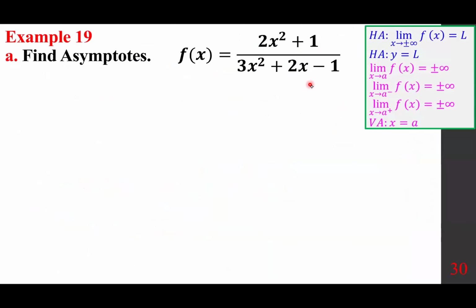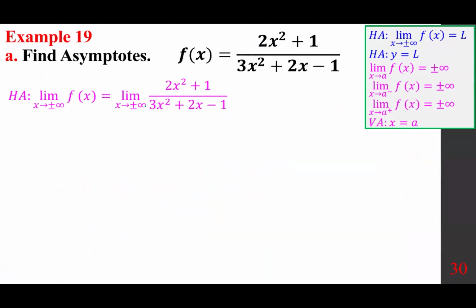We're going to find the asymptotes, starting with the horizontal asymptotes. We take a limit of this function as x approaches plus or minus infinity. And because it's approaching infinity, whether positive or negative infinity doesn't matter, the technique is to divide by x squared, the highest degree variable in the denominator.